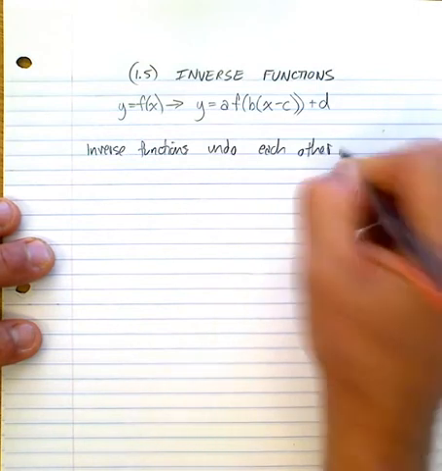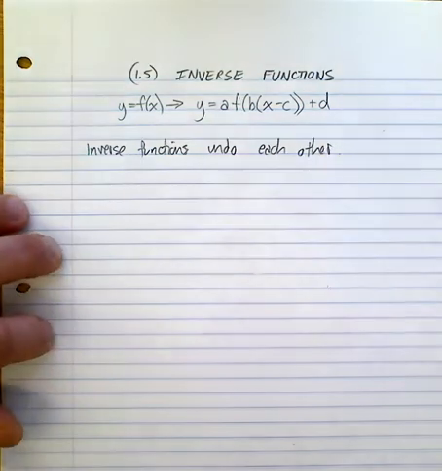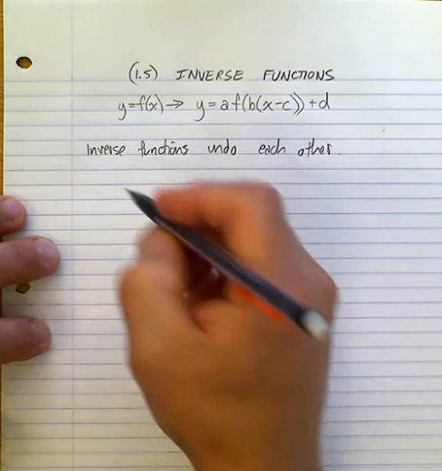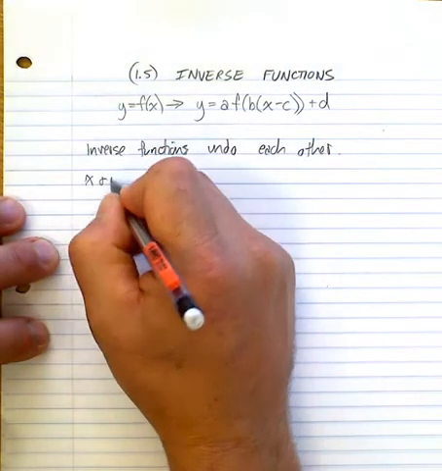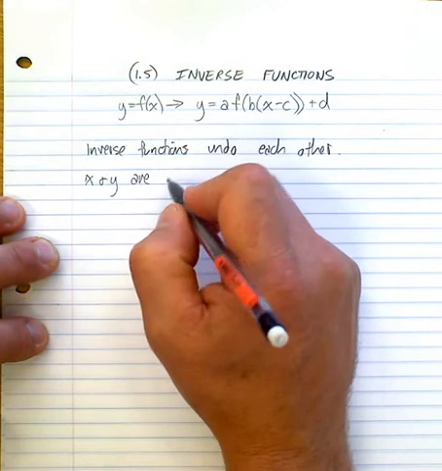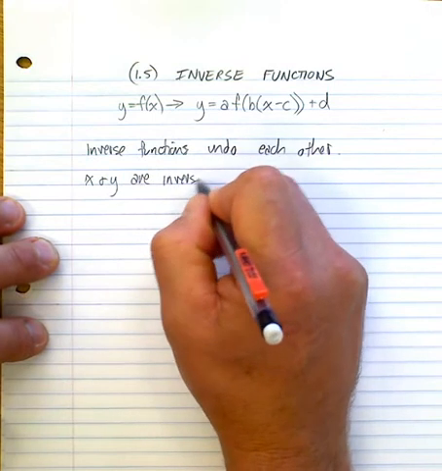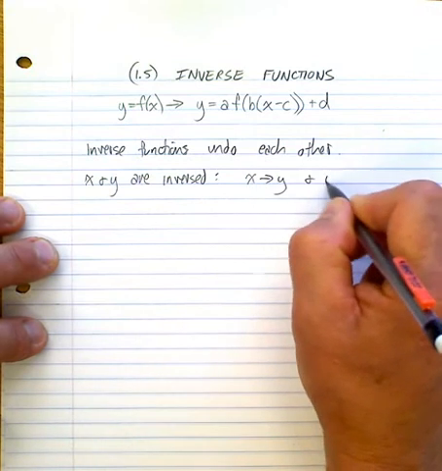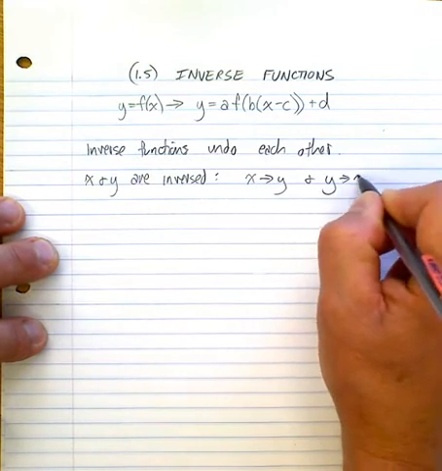And one way to think about it is that your x and y's actually get flipped as well, okay? So x and y are flipped or inversed, I guess, if you want, for lack of a better word, right? So x becomes y and y becomes x.